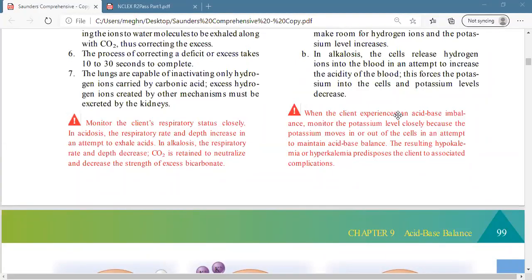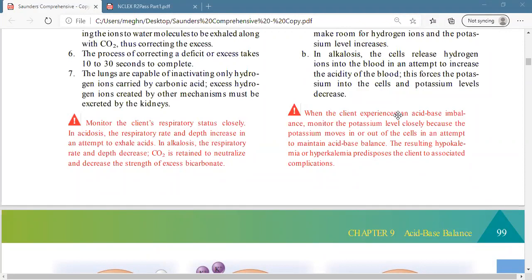Vomiting means too much fluid loss through the upper GIT. If a patient came to you with diarrhea, it means too much fluid loss through the lower part of the GIT, through the rectum, and fluid loss means a chance of developing acid-base imbalance.